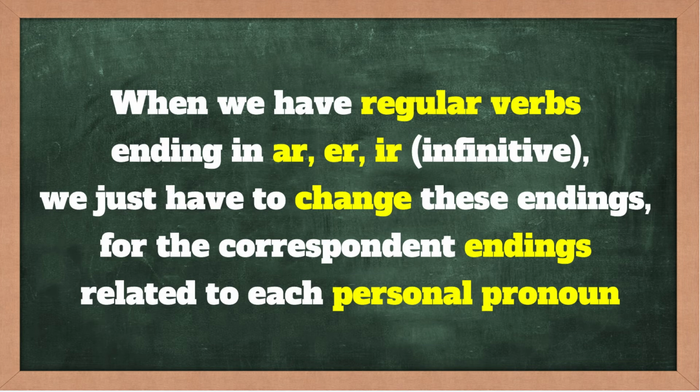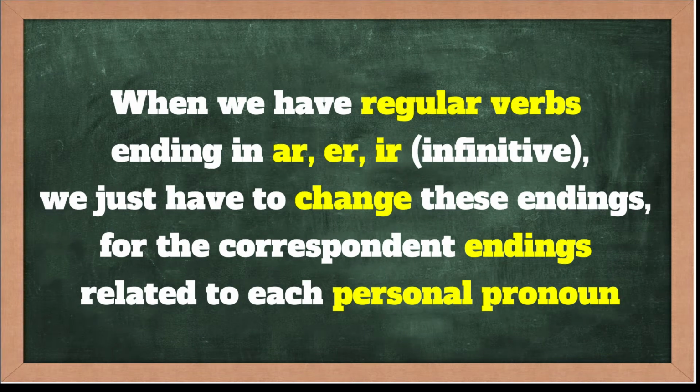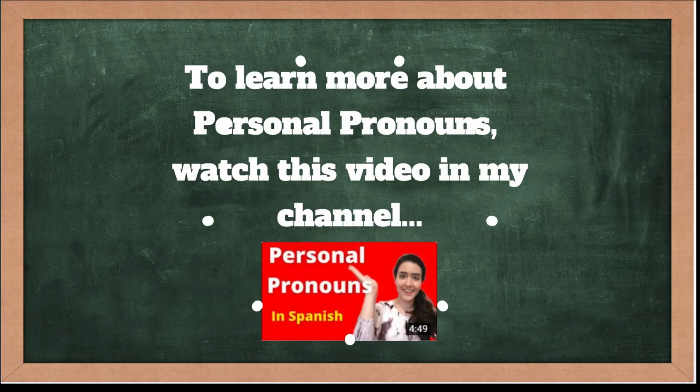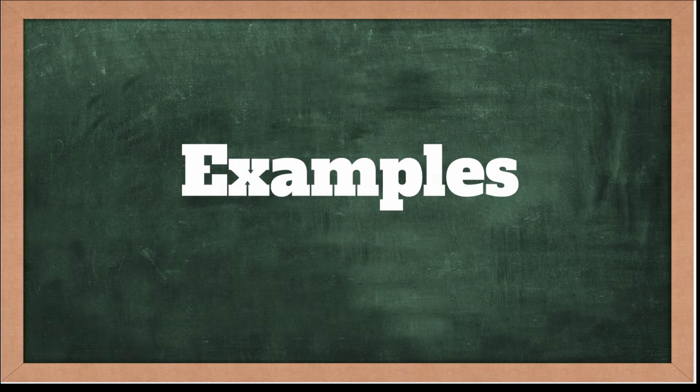This is very simple. When we have regular verbs ending in ar, er, or ir, we just have to change these endings for the correspondent endings related to each personal pronoun. Let me explain it with some examples.